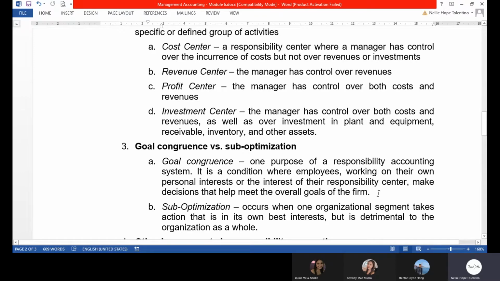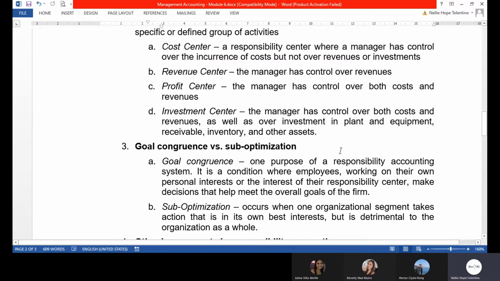Kapag nagtutulungan-tulungan lahat, tapos na-meet yung goal ng the responsibility center mismo and na-meet yung overall goal of the firm, goal congruence yung nangyayari sa organization ninyo.